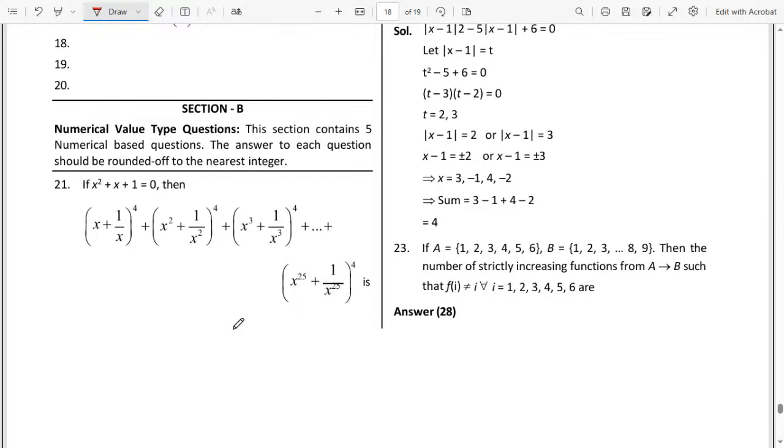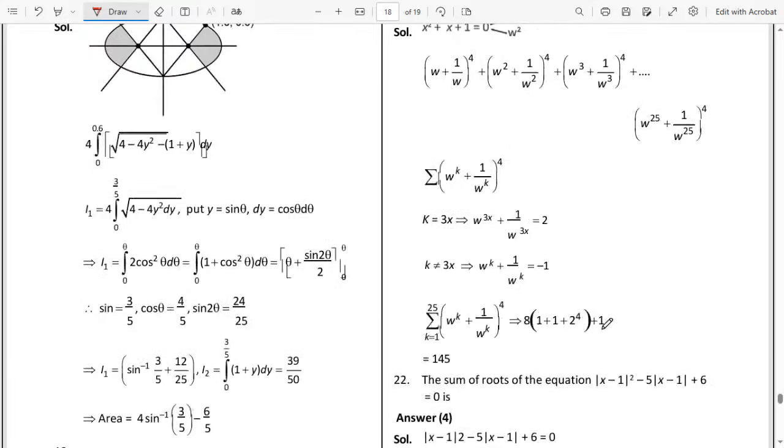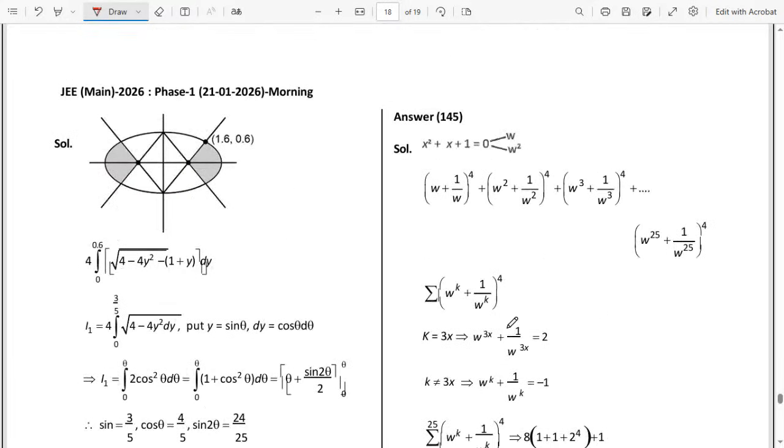If you enter the correct answer, you are going to get plus 4 marks. This section contains 5 numerical based questions. The answer to each question should be rounded off to the nearest integer. If you enter wrong answer, you lose no marks. So please don't leave these questions blank. Try to answer all these questions.